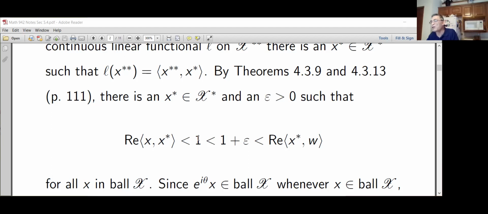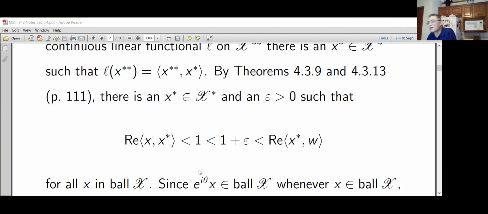We just multiply the x star by a suitable constant. We can change this alpha to 1. So by the two theorems, we have a positive number alpha here, so we can multiply x star by a suitable constant to get 1 here.